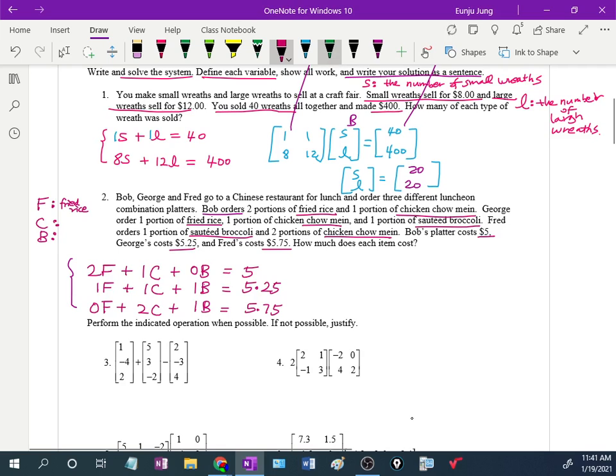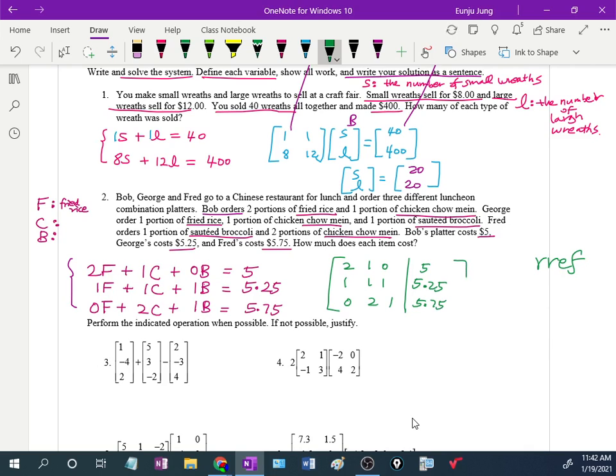Now let's have a matrix. Can I use my calculator for finding solutions right away by using RREF? The RREF button is row reduced echelon form. So I can put 2, 1, 0, 5.25, 1, 1, 1, 5.25, 0, 2, 1, 5.75.